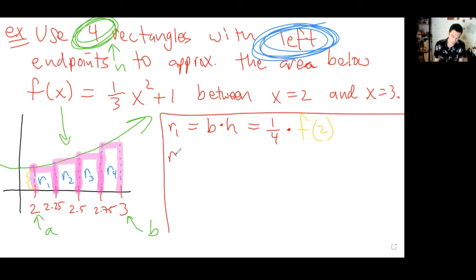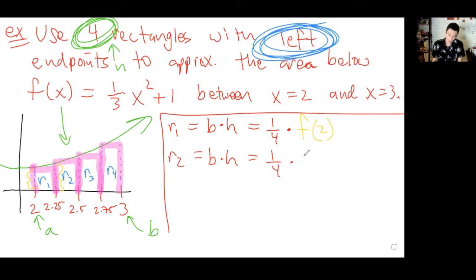What about R2? For rectangle 2, the base is still 1/4 times. Well, what would you think is the height of rectangle 2? The height of this guy is going to be whatever this is right here where the cursor is. Now, what is this? This is the y coordinate when you plug in 2.25.